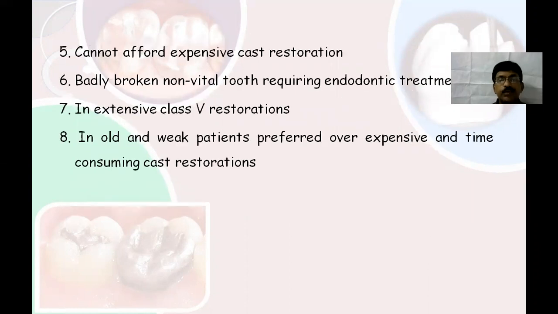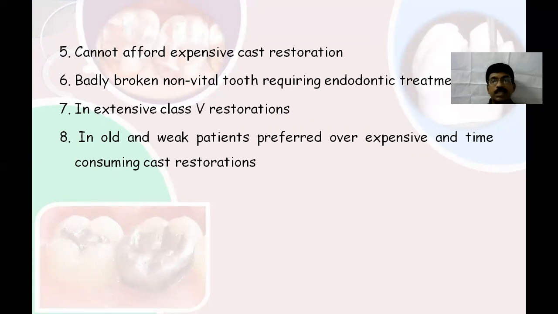And the fifth one is when the patient cannot afford expensive cast restorations. So we can go for cheaper options for the patient when the patient can't pay for the expensive cast restorations. Then we can go for complex amalgam restorations.